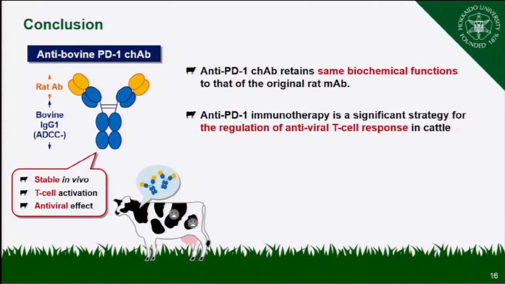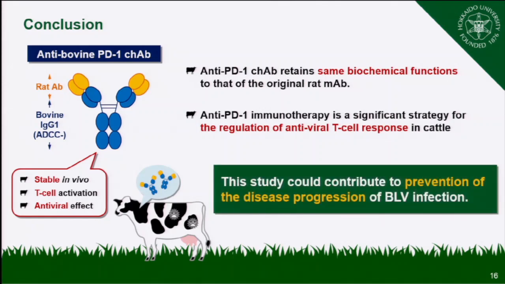Based on our in vitro and in vivo data, we believe PD-1 immunotherapy is a promising strategy for the regulation of antiviral T-cell response in cattle. And we hope our study could contribute to the prevention of disease progression of BLV infection.